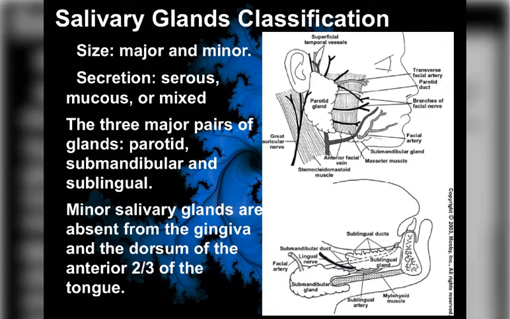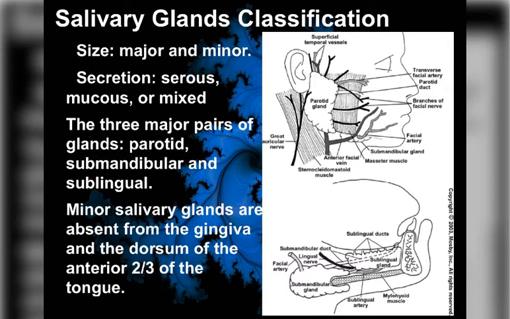So, for example, the minor salivary glands in the submucosa of the posterior 1/3 of the tongue, the posterior lateral region of the hard palate, the soft palate, the palatoglossal arch, or the fauces in general, palatoglossal and palatopharyngeal.